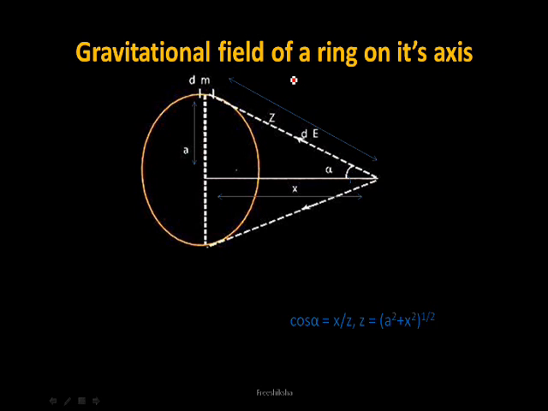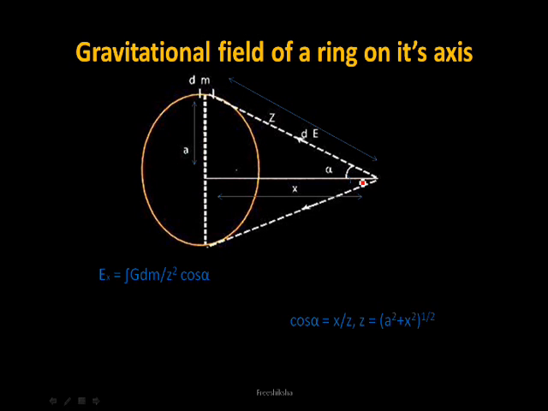Now we'll study the gravitational field of a ring on its axis. Here we have a ring, and we will break the ring into small masses, dm. The whole ring can be broken down into small masses, and here we want to find the gravitational field.